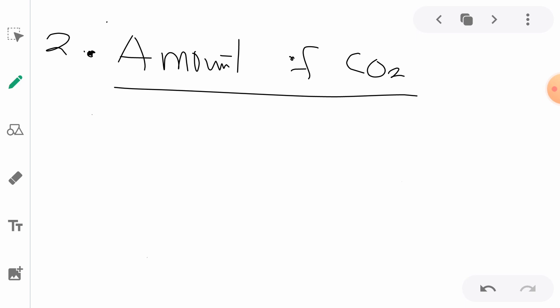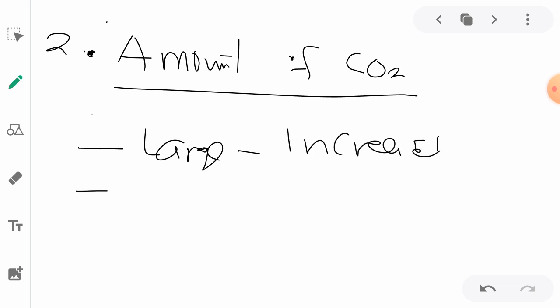Remember that carbon dioxide is one of the requirements or the reactants for photosynthesis to occur. Therefore, having a large amount of carbon dioxide increases the rate, and having a smaller amount of carbon dioxide decreases the reaction.